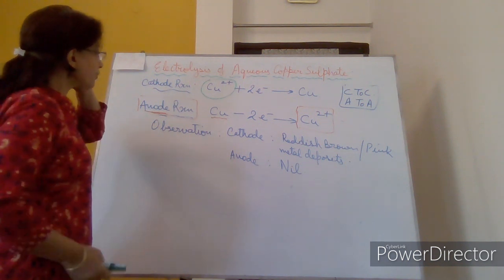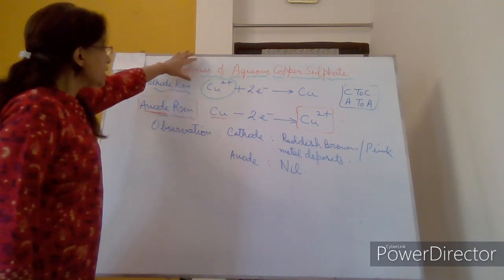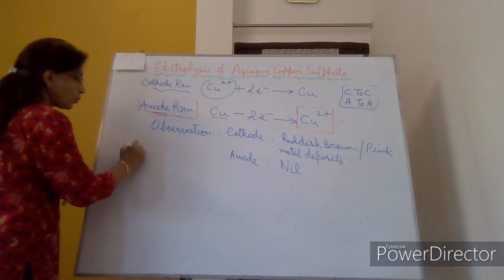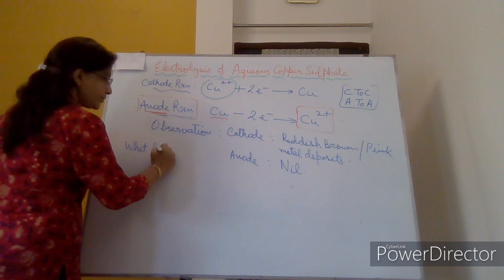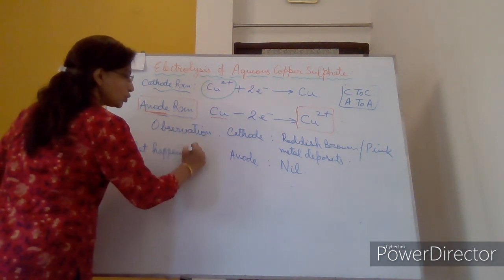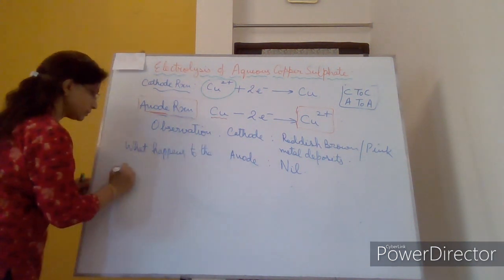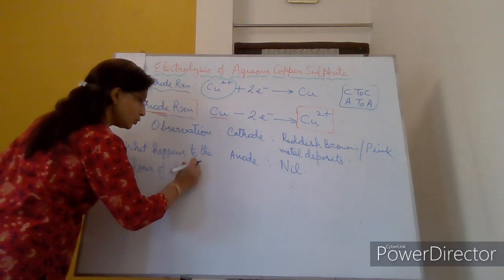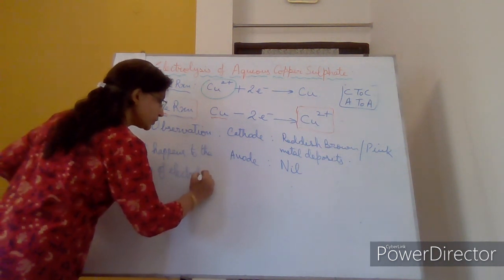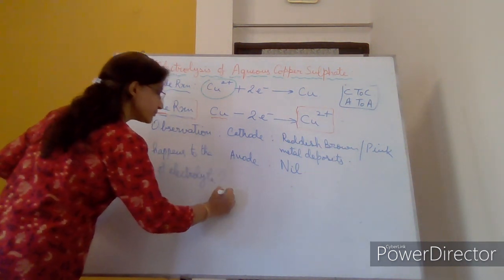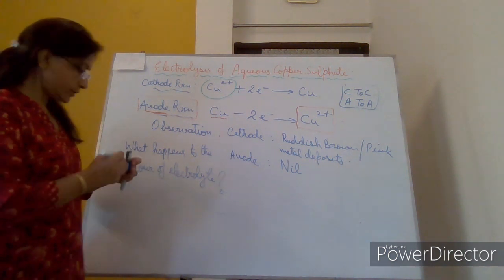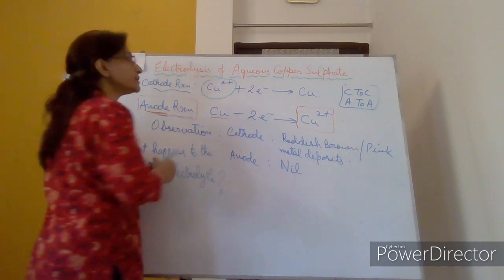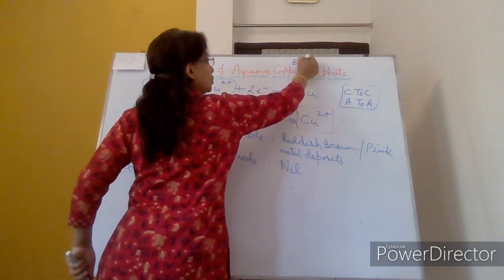Now, after this, one more thing, class. There is a question generally asked: what happens to the color of electrolyte? अब यहाँ आपको ध्यान रखना है that aqueous copper sulphate is blue.